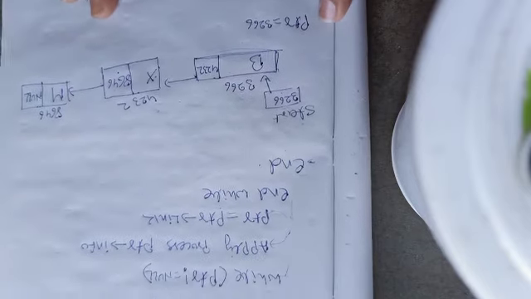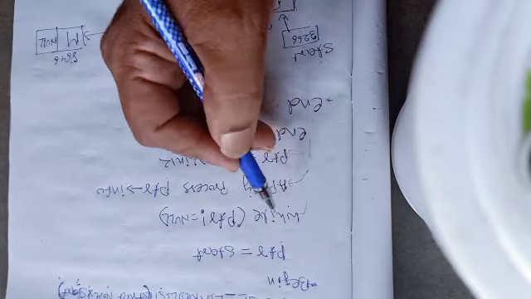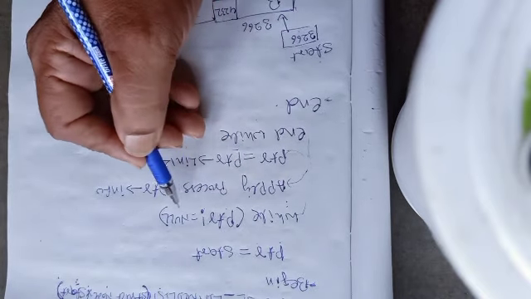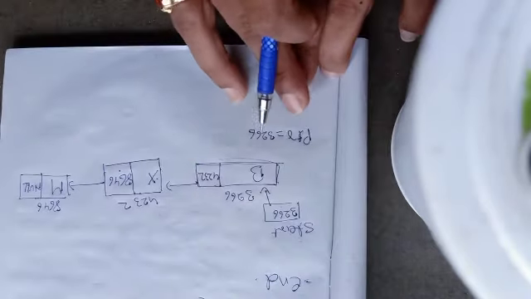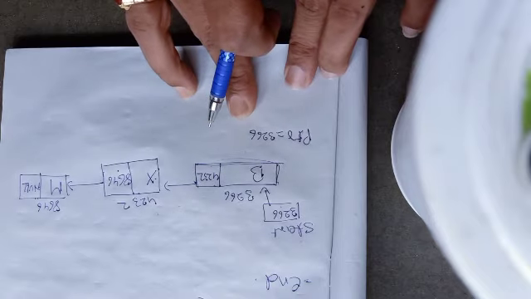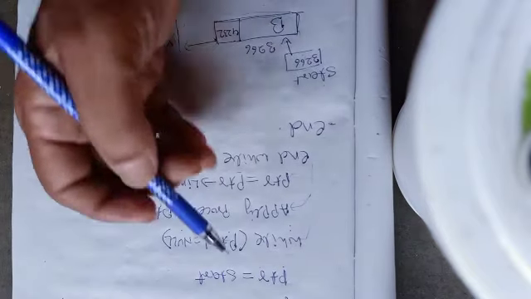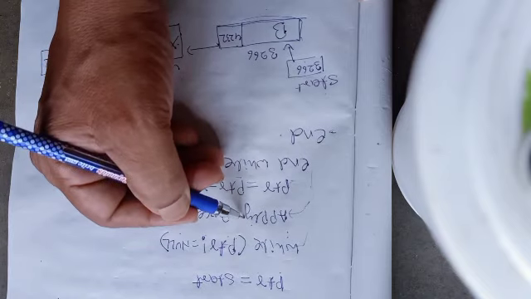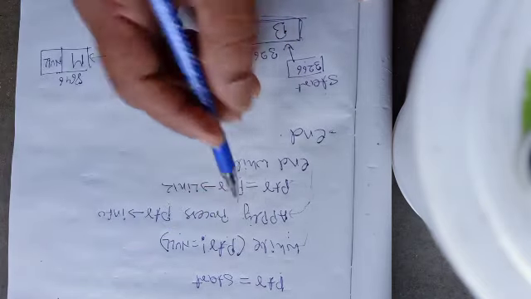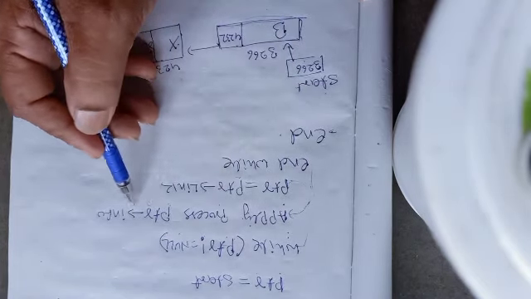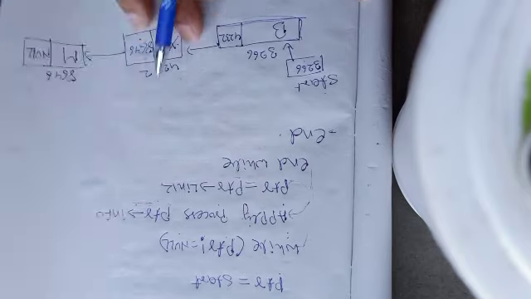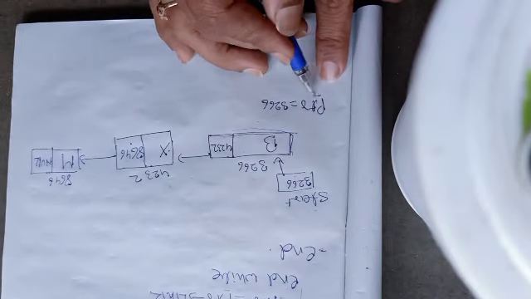Okay, now let us discuss the next step of the algorithm. While ptr not equal to null: definitely my ptr is 3266, which is not equal to null. Therefore my loop will continue. I will enter into the block and apply process ptr arrow info. What is ptr? ptr is 3266.